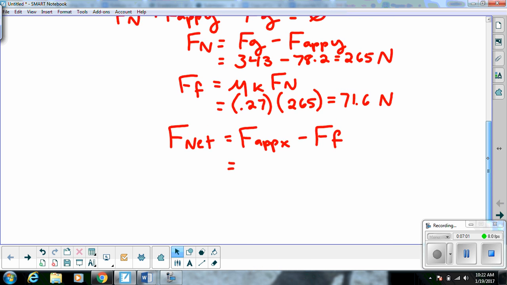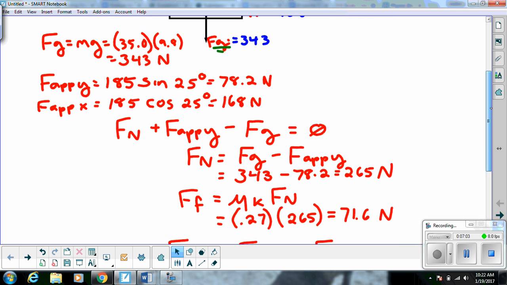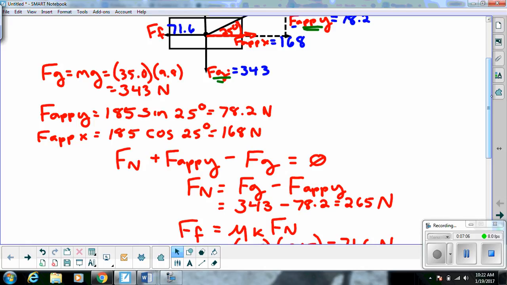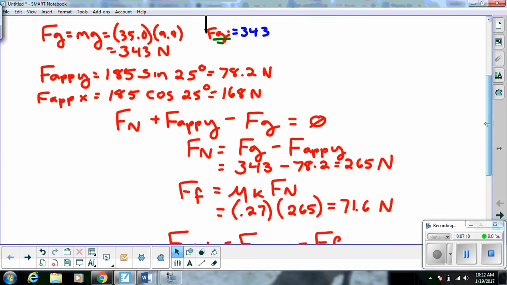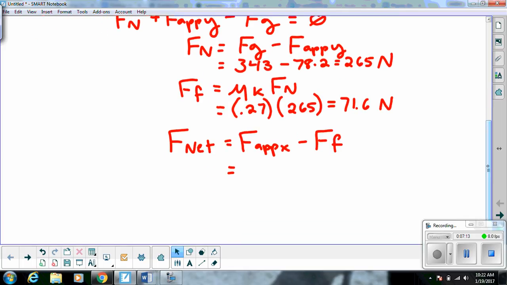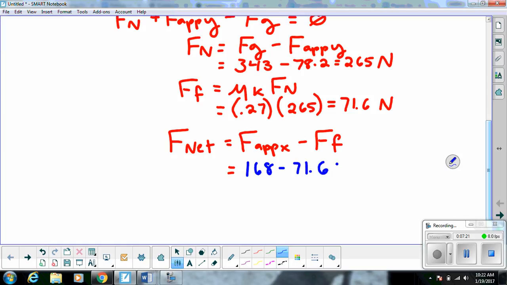Again, that's going to be the 168 minus the 71.6. And I'm subtracting because frictional force is acting opposite of the applied force. And I will find that that value renders a force of 96.4 newtons. We are almost done.